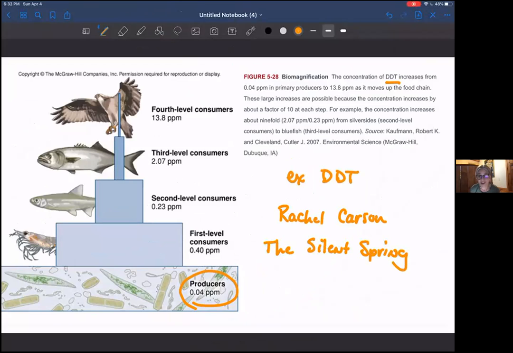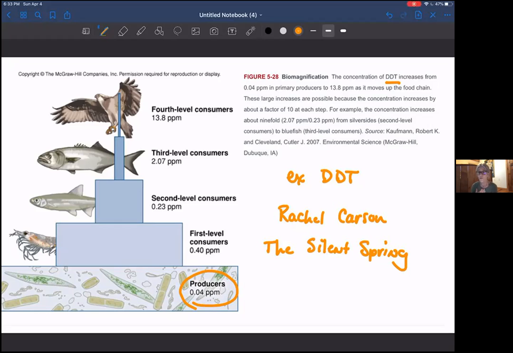And it was very controversial, and she got a lot of backlash from all kinds of people. But in the end, it was a very pivotal book, right? Because it pointed out the problems with these chemicals that we're producing that our bodies cannot either get rid of or break down. And so it starts to accumulate in our bodies.